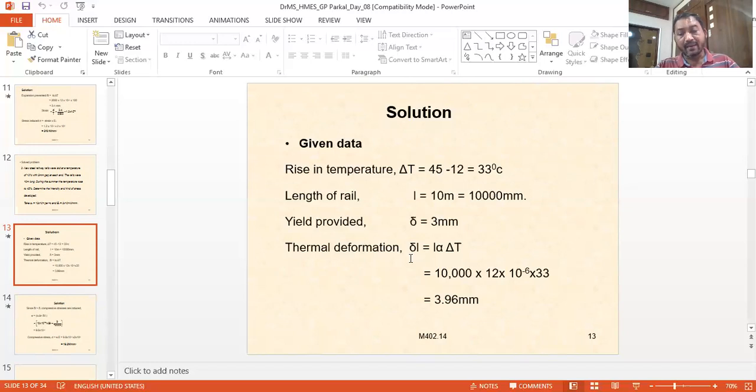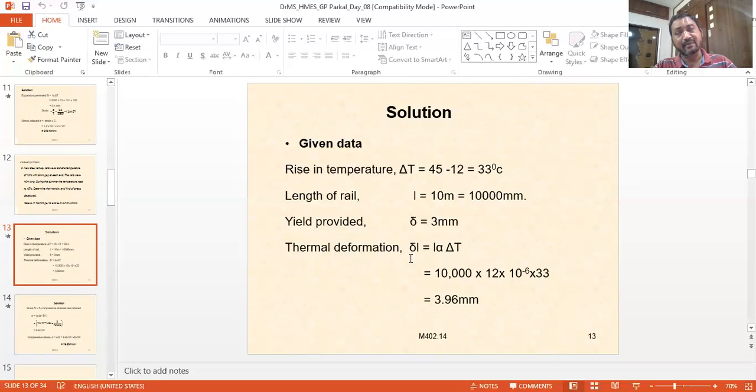Now the length of the rail is given as 10 meters, that is 10 into 1000, which becomes 10,000 millimeters. Here a gap is provided between the two rails. So up to that 3 millimeters, it is freely expanded.